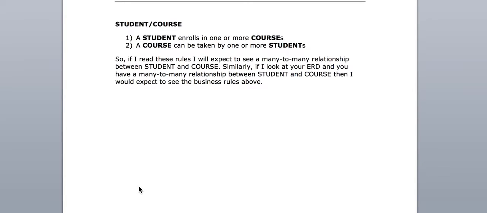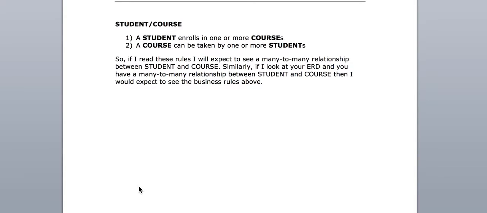So this one little example, a student and course, you're going to definitely see two relationships that I have defined here, and they define how many instances of a course can be associated with one student, and how many instances or how many students can be associated with one course, okay?